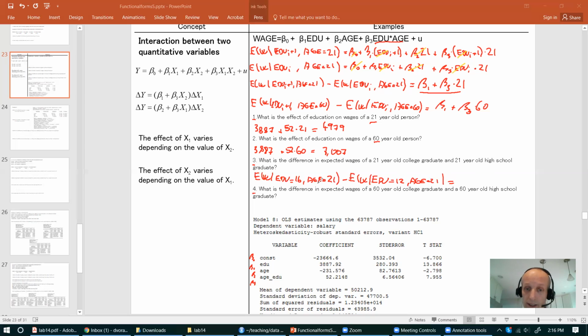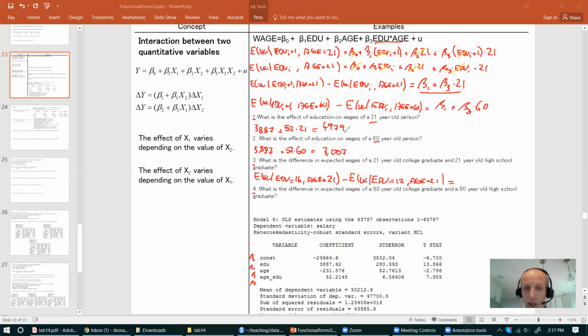We can plug in 16 for education and 21 for age into this equation and calculate the expected wage, and then subtract. But we can also do it more easily by seeing that an extra year of education for a 21-year-old gives a boost of 4,979.